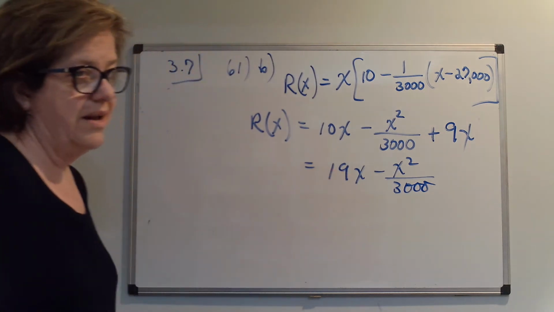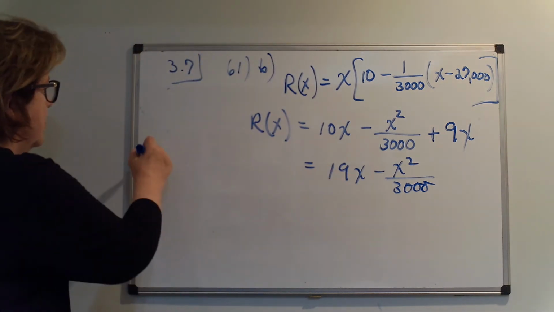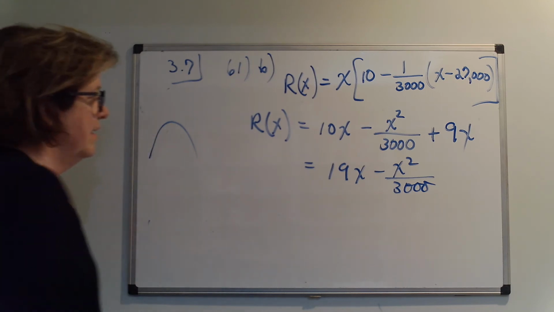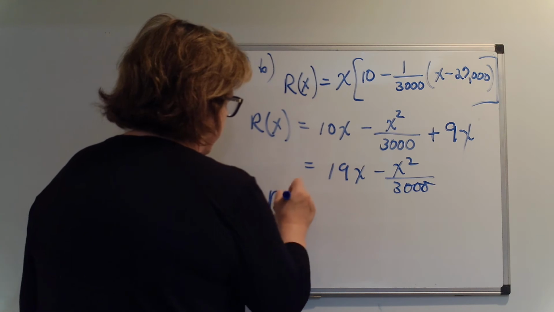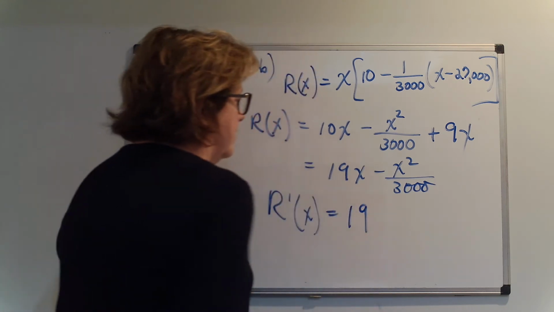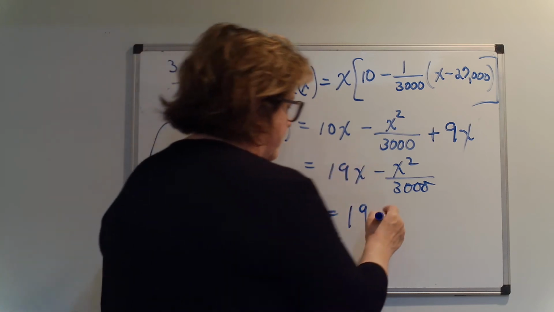Notice that's a quadratic, and it's going down. So we're looking for the maximum. So we take the derivative. So the derivative is going to be 19, bring the 2 down.